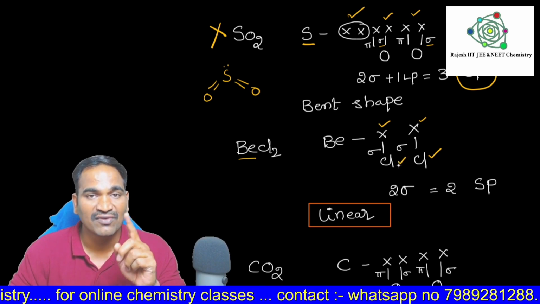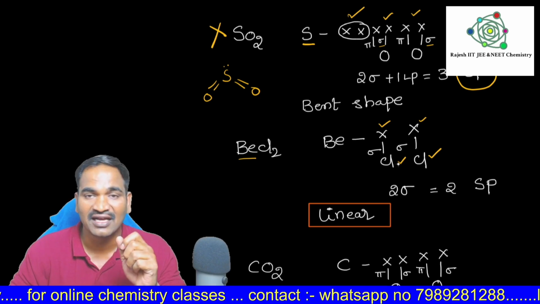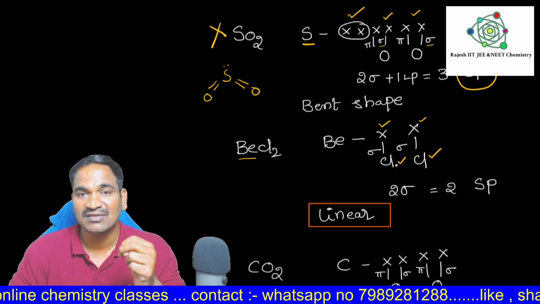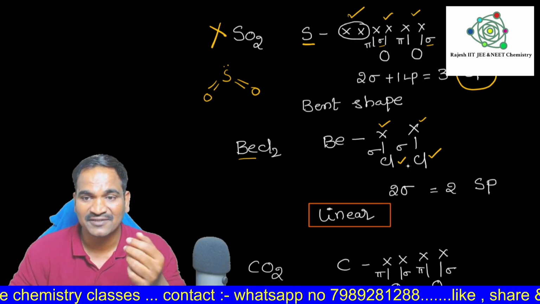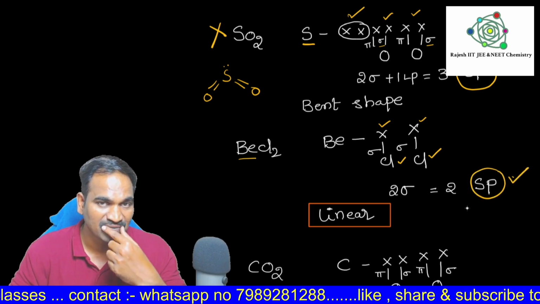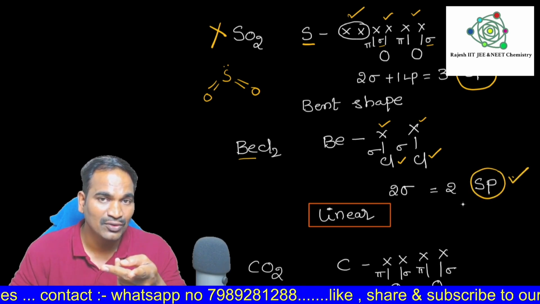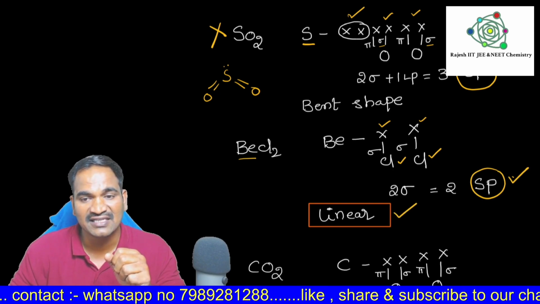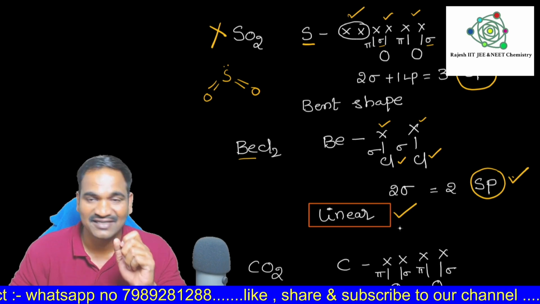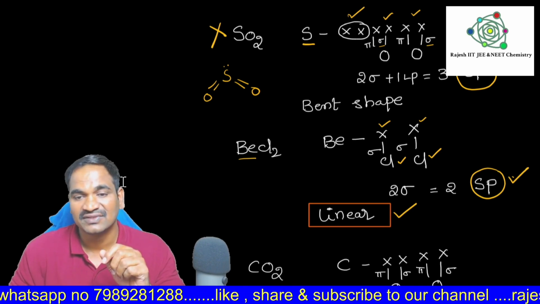The second chlorine also forms a sigma bond with another electron from beryllium. So there are 2 sigma bonds and no lone pairs. 2 means sp hybridization, and it has no lone pairs. Simply we can say the shape is linear. Have you got it? Right.